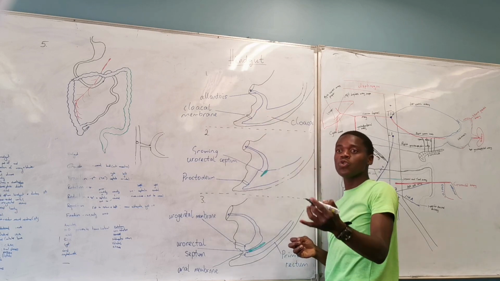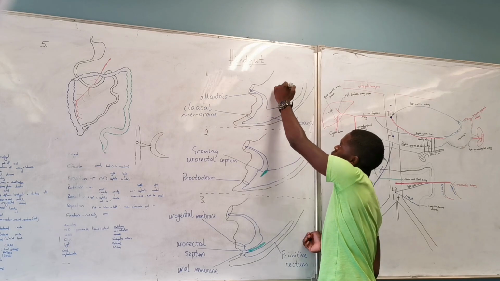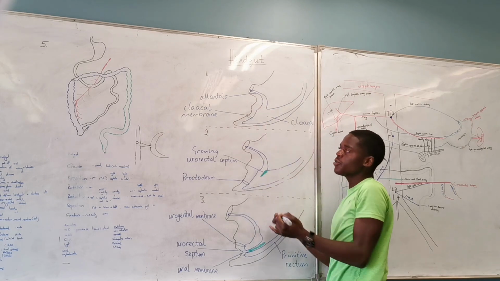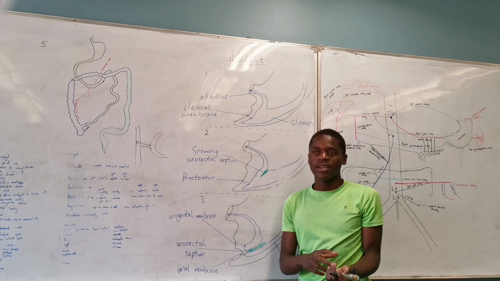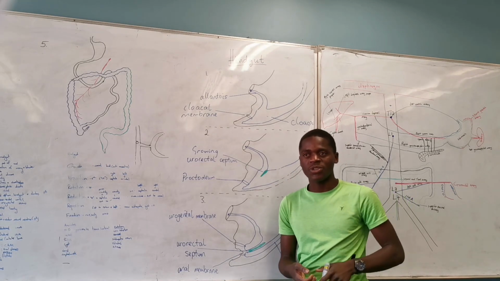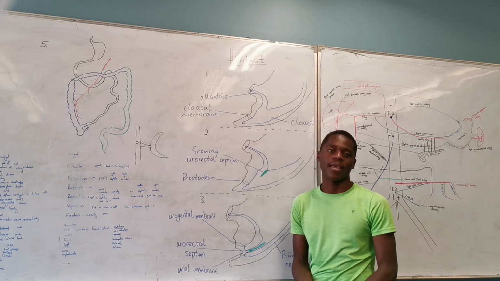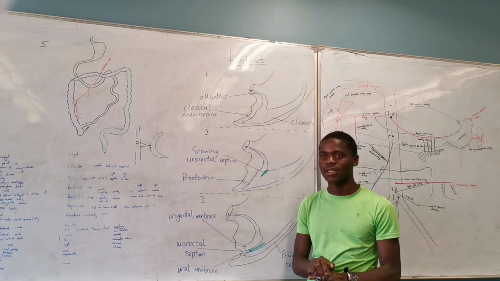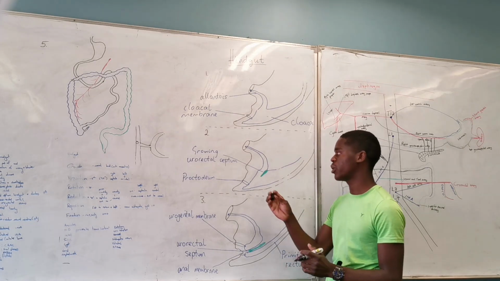So the cloaca is a joint ending, where the urogenital system and the digestive system both end. But we know that is not the normal arrangement; there are two separate openings.